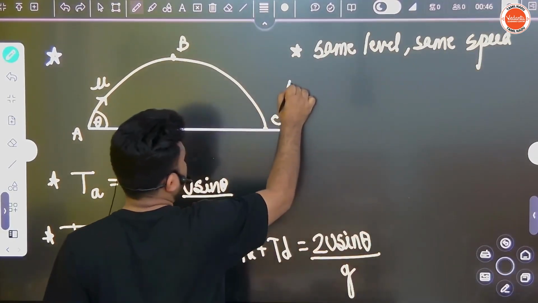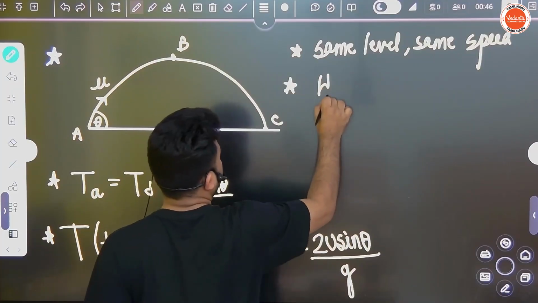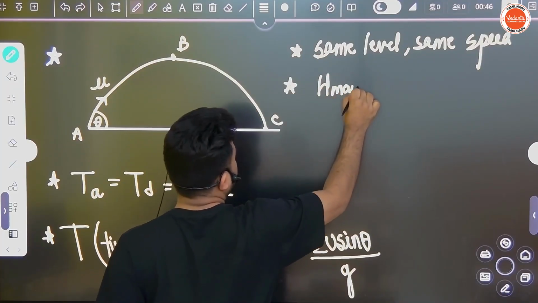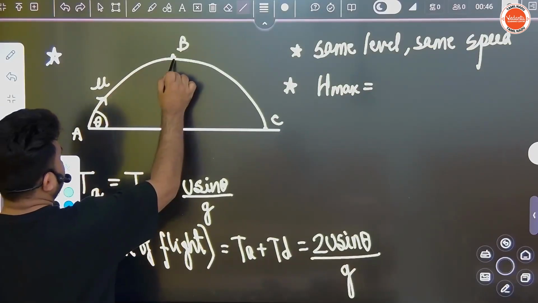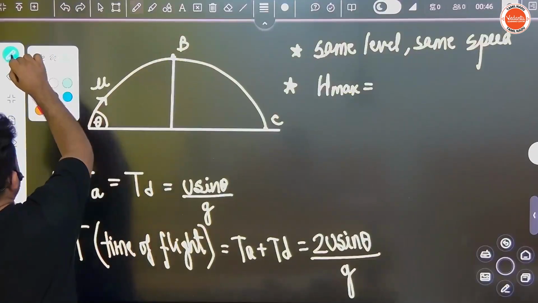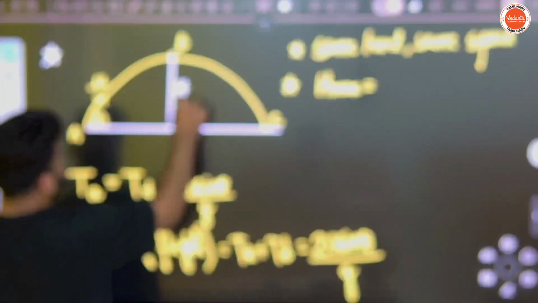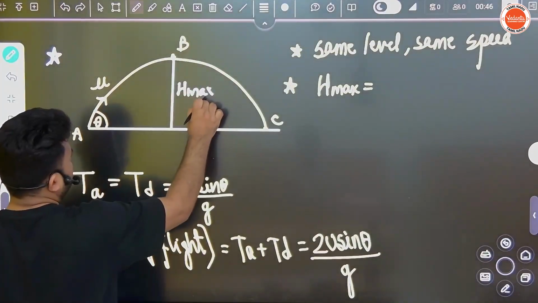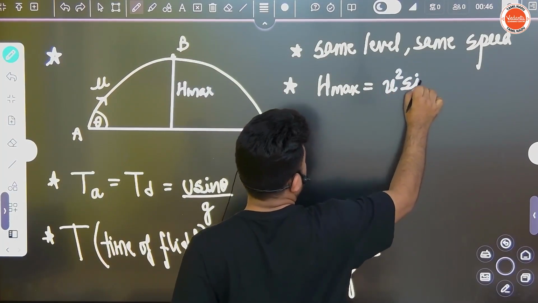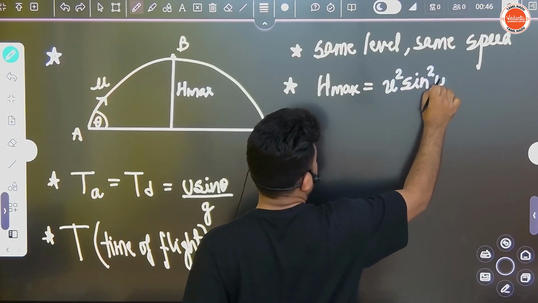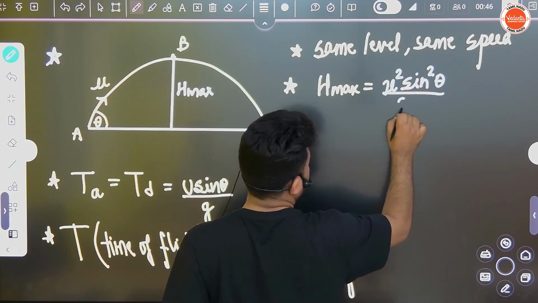Next, maximum height reached by the ball, h max. Just now we saw what h max is. This is h max: U square sine square theta by 2g.